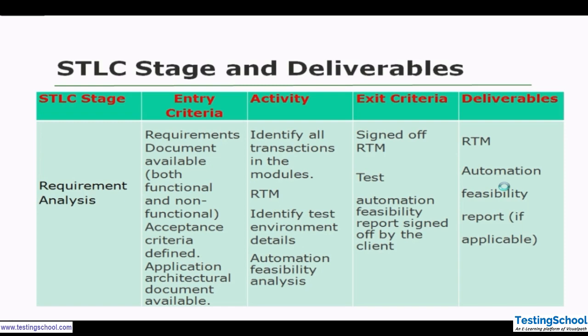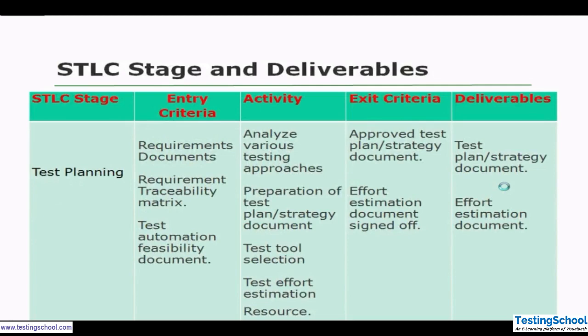What we deliver in this particular stage is the RTM, the requirement traceability matrix, and as an output the automation feasibility report. So once the requirement analysis is done, we give the RTM and the automation feasibility if it is applicable for the project. Then we move to the test planning.